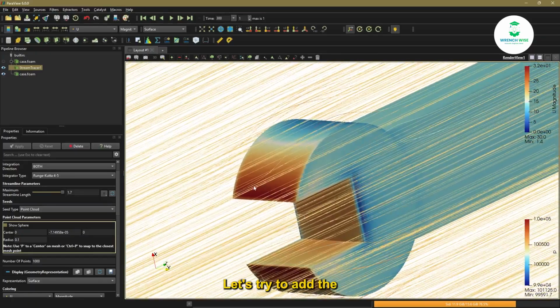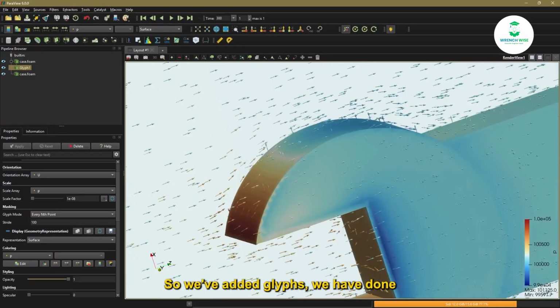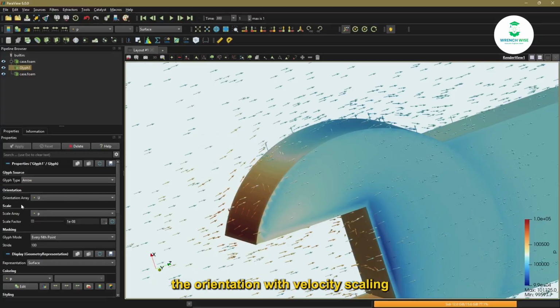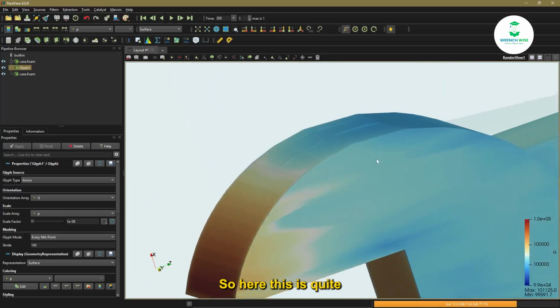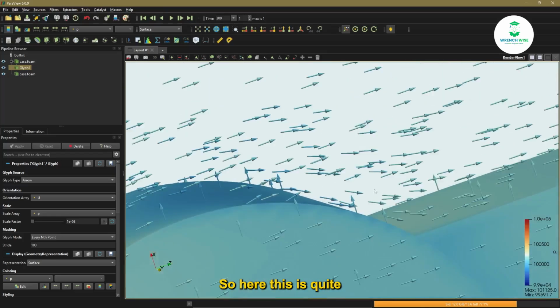Let's try to add the glyphs as well. So we've added glyph. We have done the orientation with velocity, scaling with the pressure, scale factor of 1e-8, and for every 100th point, we are essentially writing one glyph point. Here, this is quite interesting.